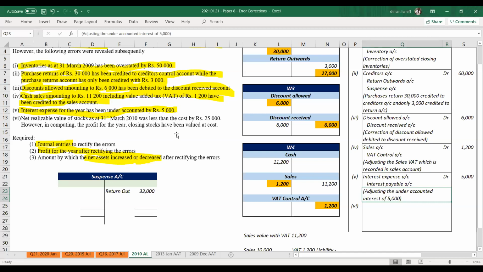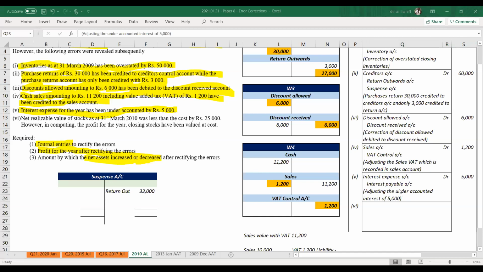That is why I didn't take it to the suspense account. You can't take it into the payables account. It's interest payable. Payable account normally means trade payable, other payable.